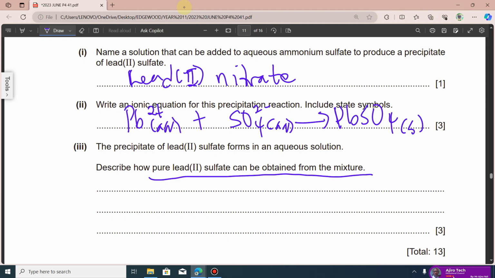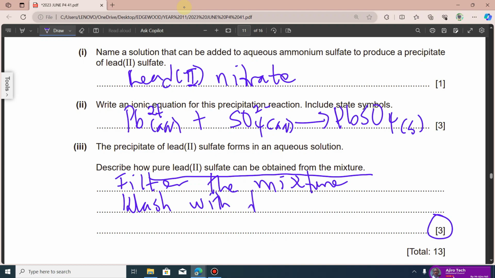The first thing is, after mixing has occurred, filtration will take place. So we filter the mixture. Filtering the mixture is step 1. Remember that there are 3 marks allocated. So the first mark is to filter the mixture. The second mark is, after filtering, to wash with distilled water or deionized water, as the case may be.